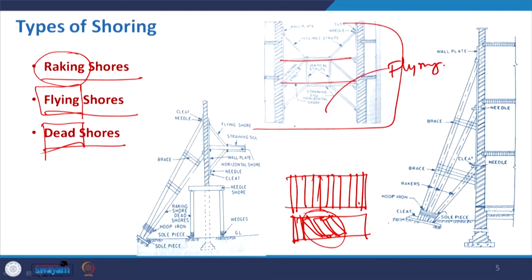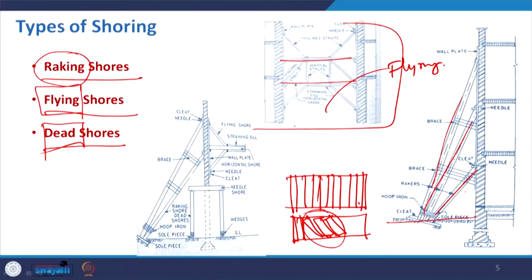This is leading to your flying shore. In this case, you can see that this particular wall is being supported with some inclined members. You can compare it with the way we put books in our shelves and racks. So, this is basically the racking shore. And here, what happened is the replacement of the foundation. You can see in the drawing, the foundation is shown in dotted line.